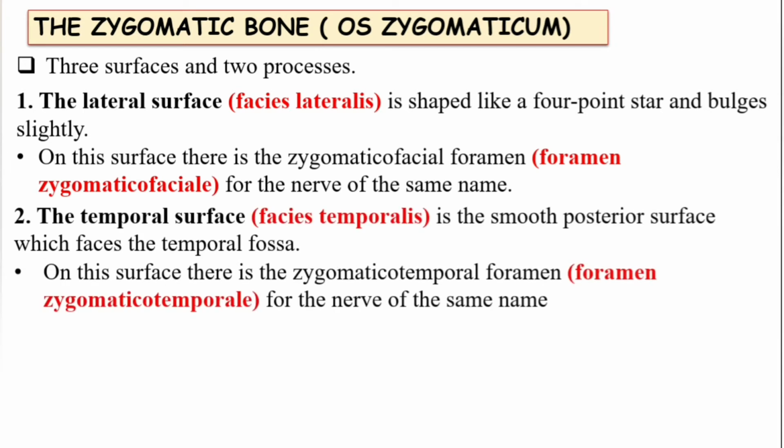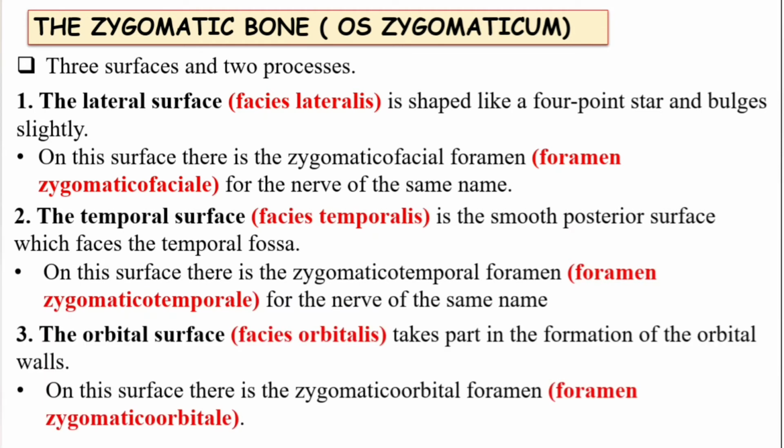The second surface is the temporal surface, facies temporalis, which is a smooth posterior surface which faces the temporal fossa. And on this surface, there is the zygomaticotemporal foramen, foramen zygomaticotemporale, for the nerves of the same name.